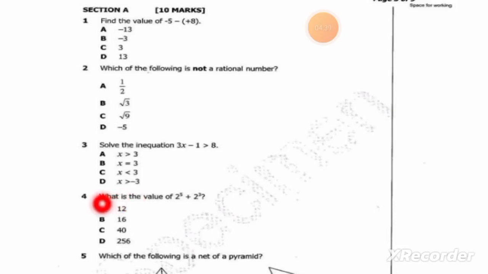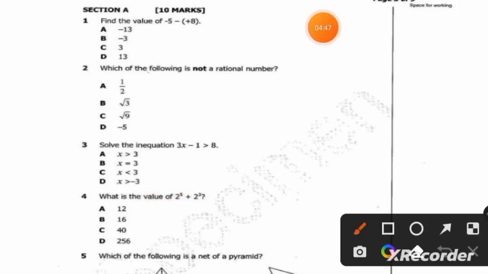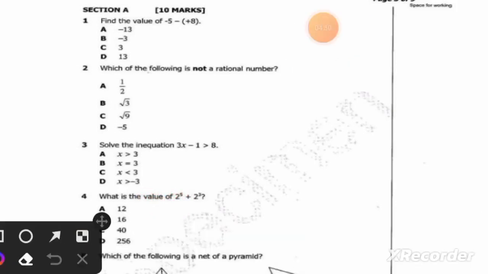Question 4, the question reads, what is the value of 2 to the power 5 plus 2 to the power 3? So we are going to write this question here. 2 to the power 5 plus 2 to the power 3.